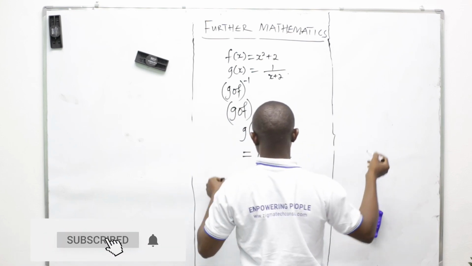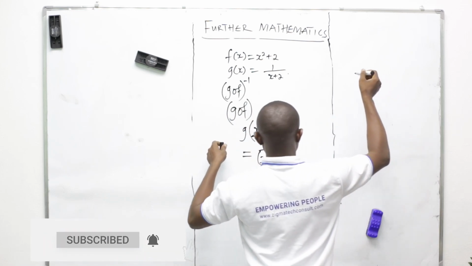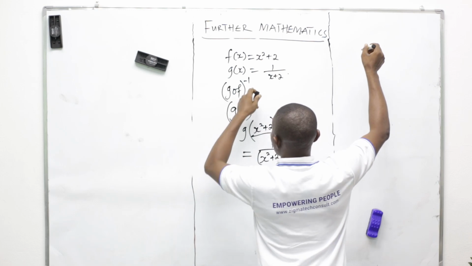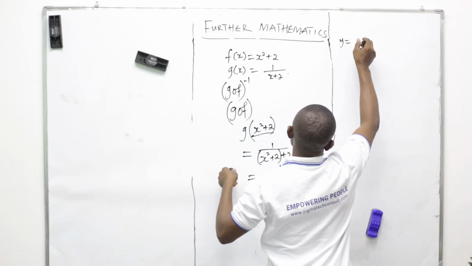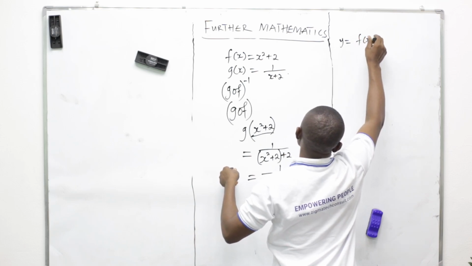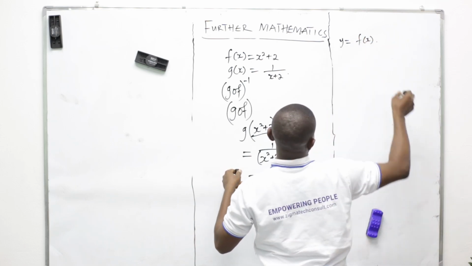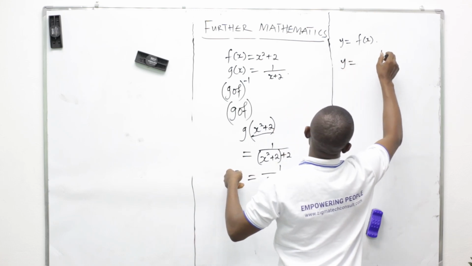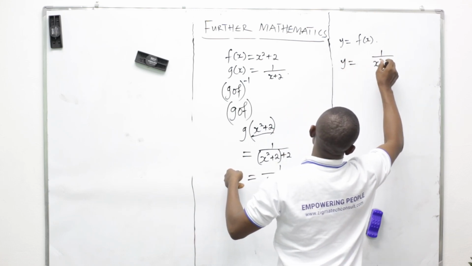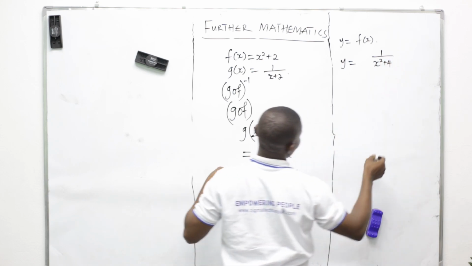Then, remember that we are looking for the inverse. Recall that y equals the function itself, that is y equals 1 all over x squared plus 4.